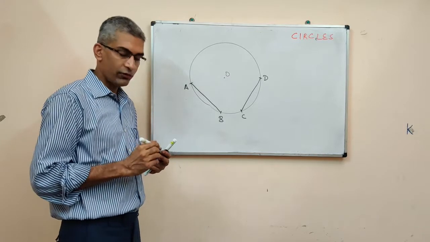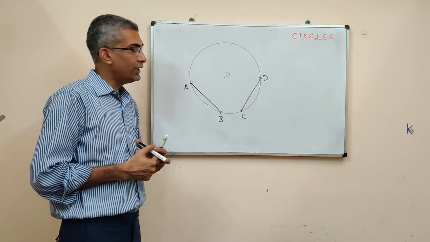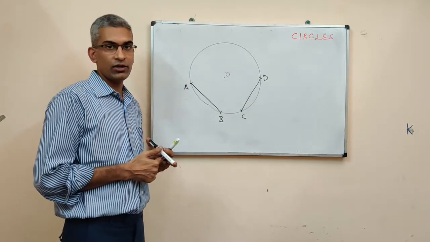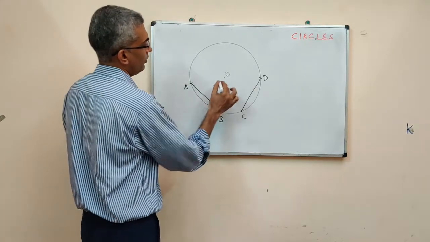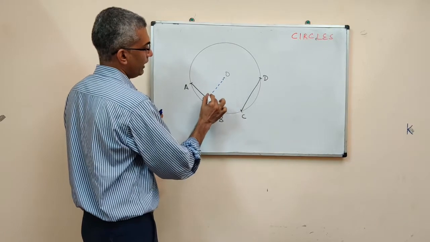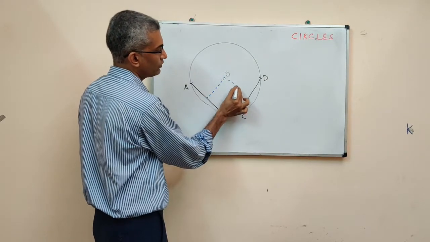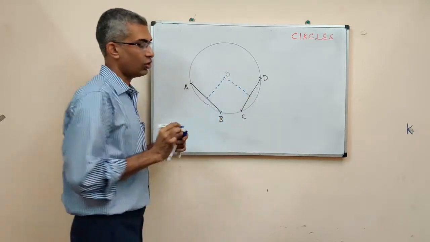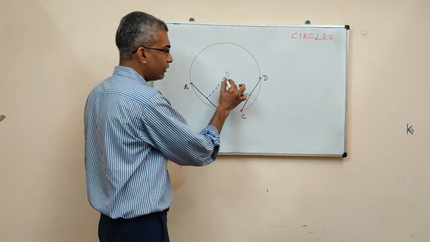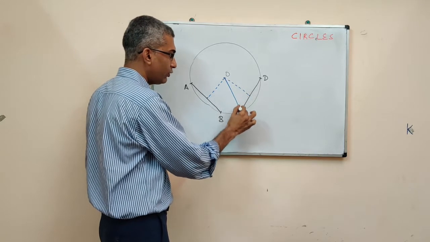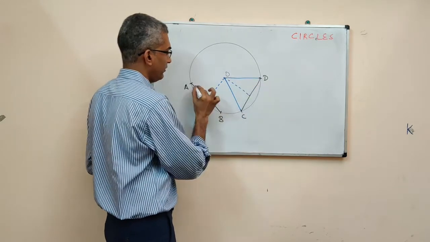An important property of chords: equal chords are equidistant from the center. So the distance of this line segment AB from the center O will be same as the distance of this line segment CD from the center. Equal chords subtend equal angles at the center.